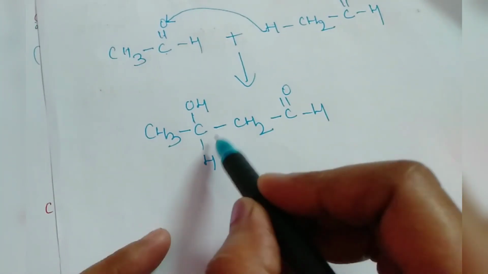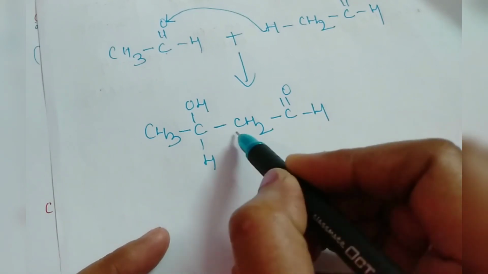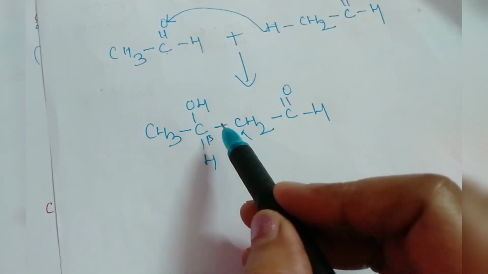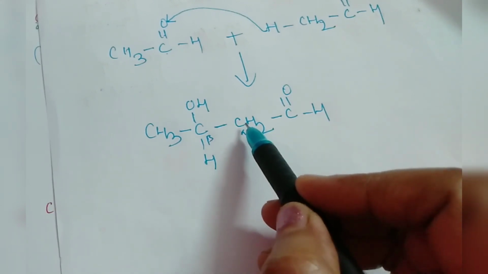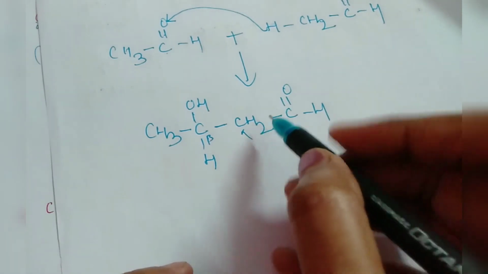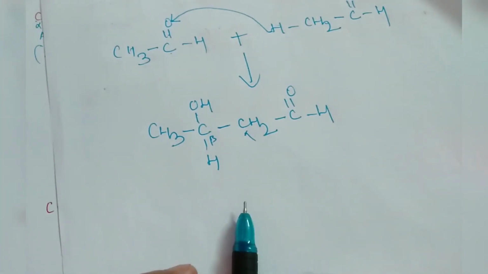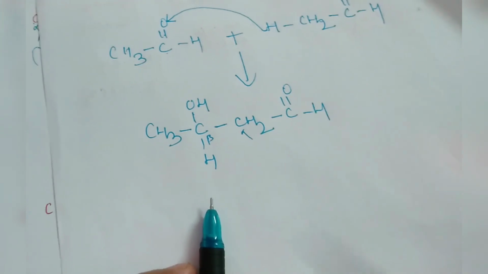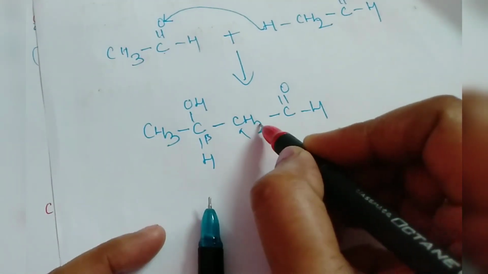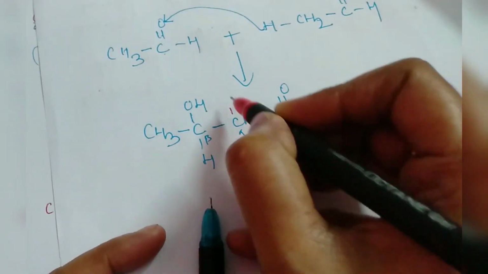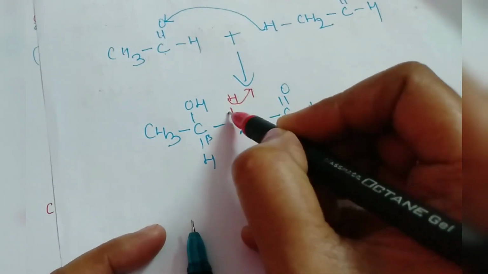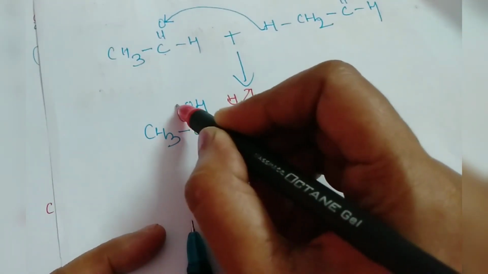See here, between the alpha carbon and beta carbon, always remove one water molecule from the alpha and beta position. So how will you remove that? If I write the hydrogen here, CH2 is there, so this becomes HH. Now this goes as H plus, this bond goes to this position and this becomes this.